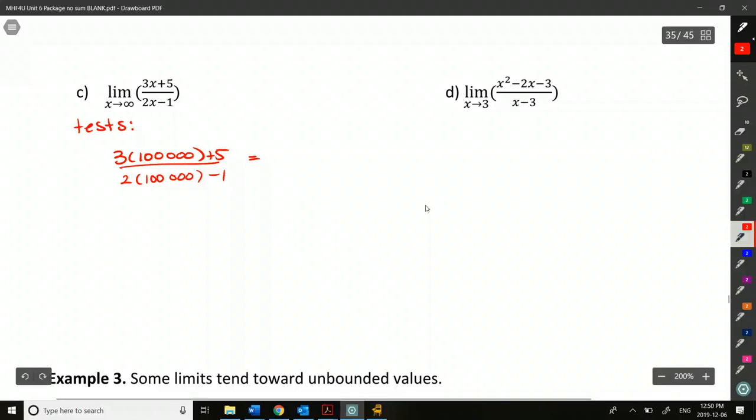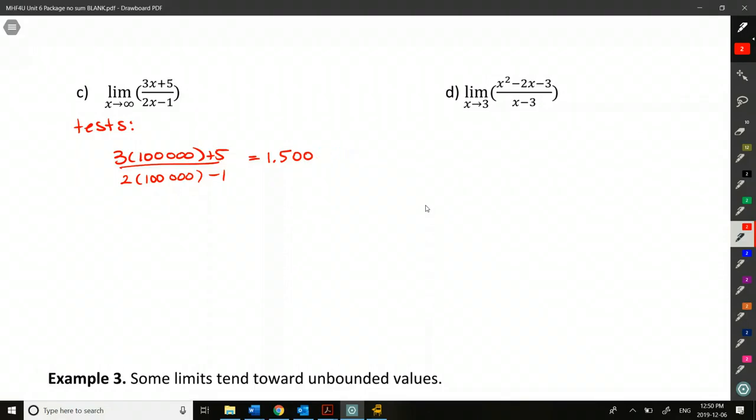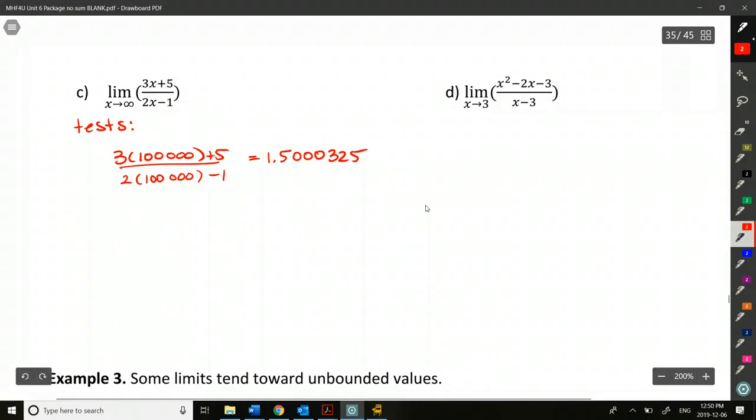Alexandra, what'd you get? 1.50000325. Okay, awesome. There's 3 zeros. Okay, let's try 1 million, 6 zeros this time. Always throw an extra zero in there for computers. You can if you want.